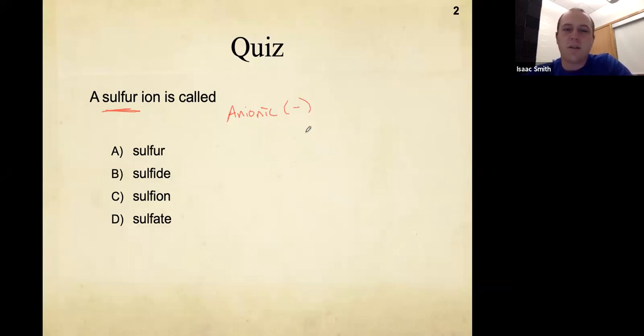So sulfur, because it's 2 away from a noble gas, it's going to want to lose 2 electrons, or sorry, it's going to want to gain 2 electrons in order to get to the noble gas configuration. So it's going to be an anion. Okay, so sulfur anion would be sulfur with the 2 minus on it. And when you have an anion, then the ending is going to be IDE. And we'll talk about some of these coming up as well.